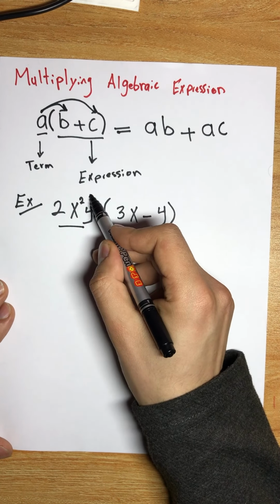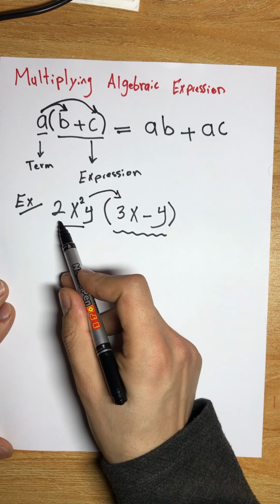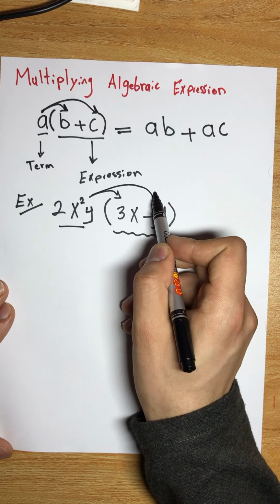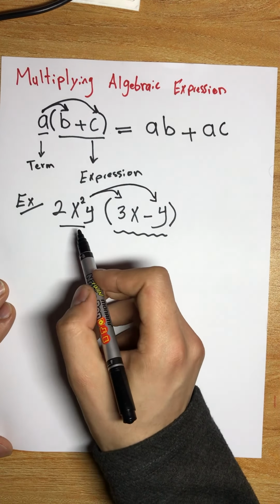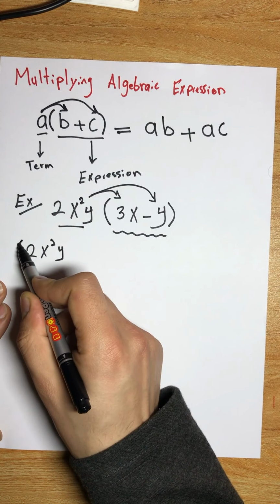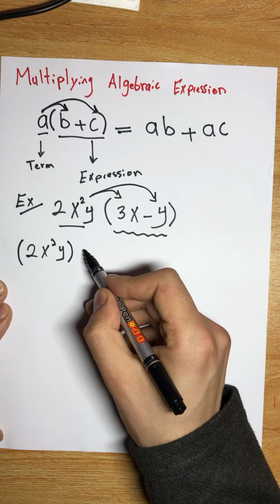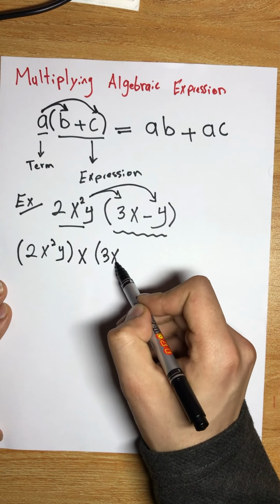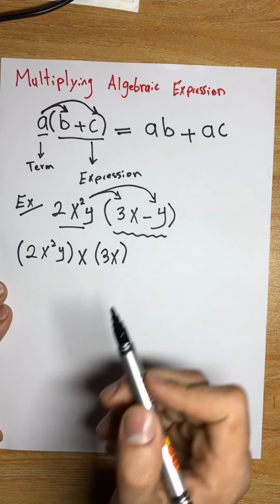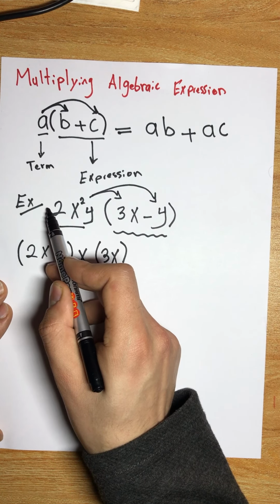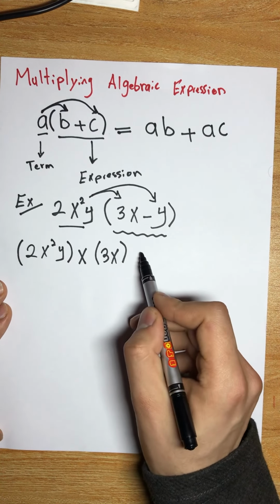So as we said, we have to multiply 2x squared y by 3x and then by y. So 2x squared y between brackets multiplied by 3x, and then this has a positive sign, so positive sign times negative is negative sign.